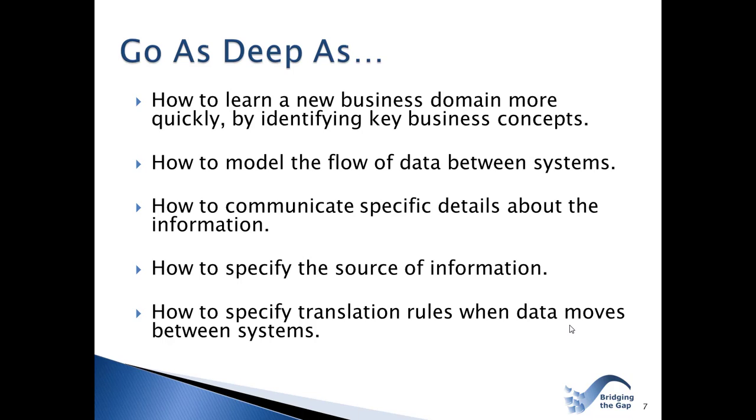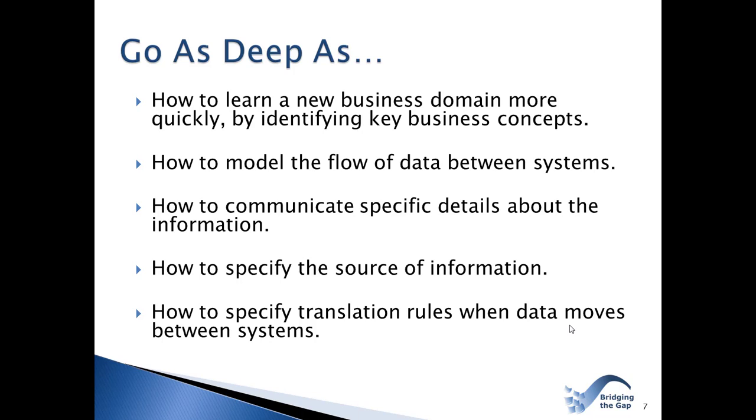You'll go as deep as how to communicate specific details about the information, such that an item can have one and only one price, and that the price needs to be numeric. You'll go as deep as how to specify the source of information, such as whether the price is stored and managed internally or comes from an external data source.